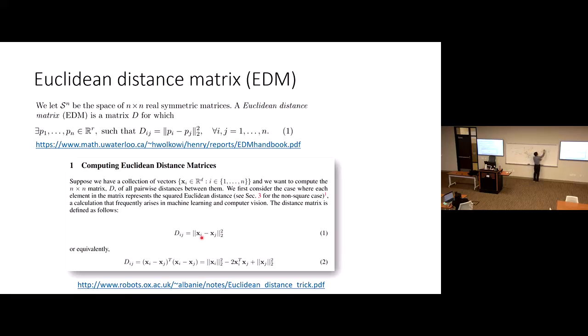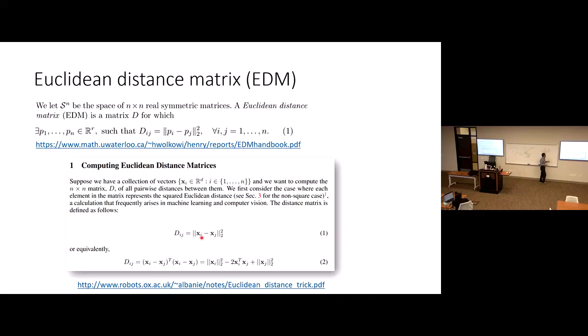So that's your vector: you have vector 1, vector 2, up to vector n. So this matrix is a collection of your data points, n data points.